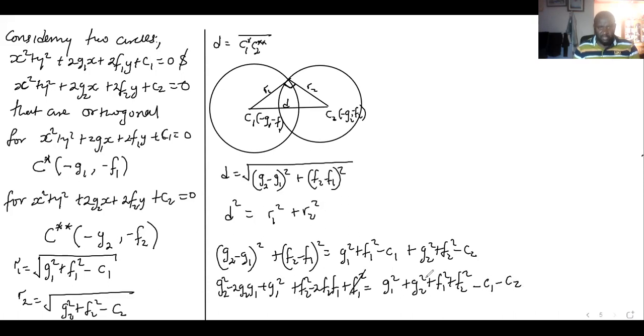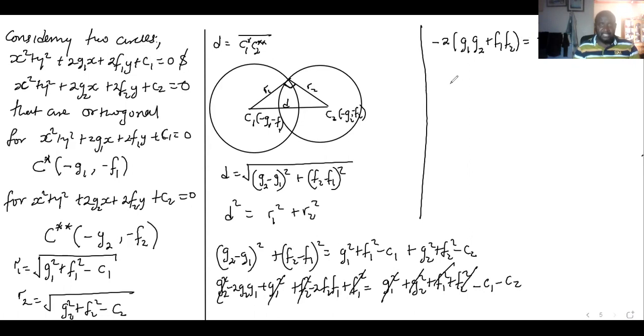You cancel all these by subtraction. Therefore, if all those are cancelled by subtraction, we remain with negative 2 of G1 G2 plus F1 F2 is equal to negative C1 plus C2.